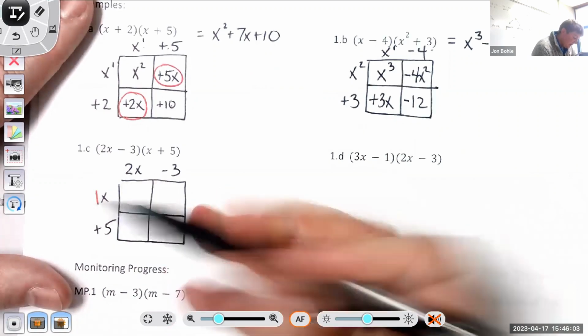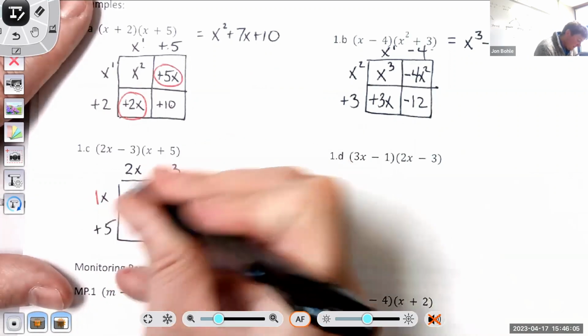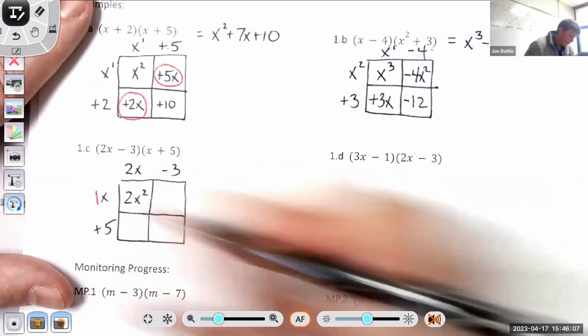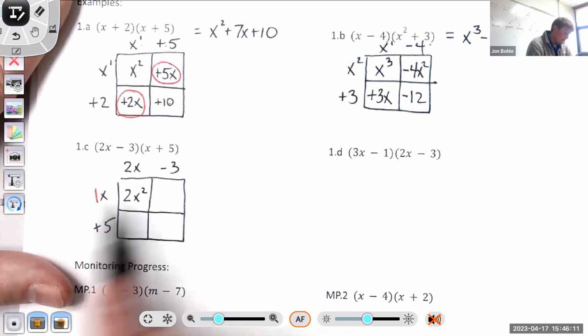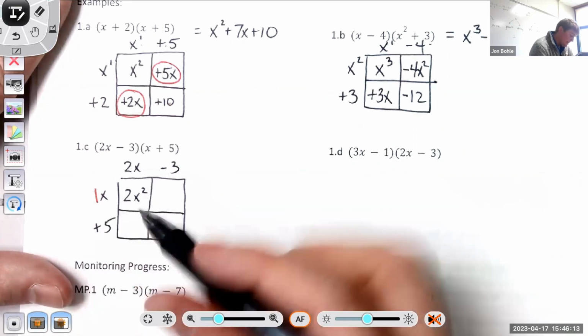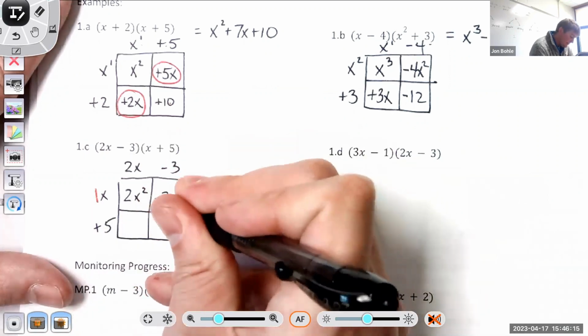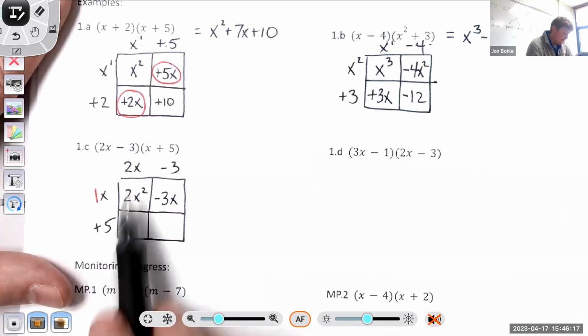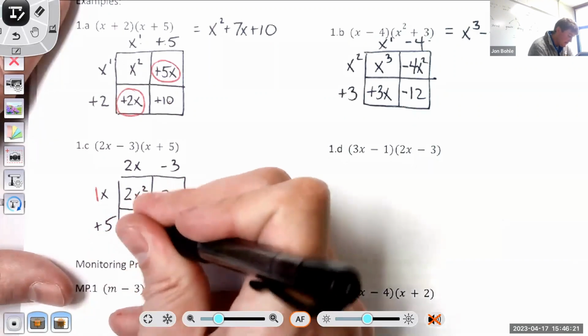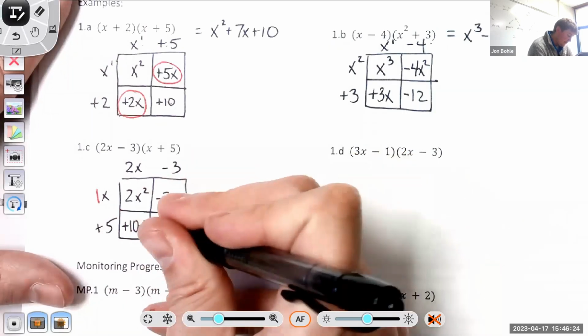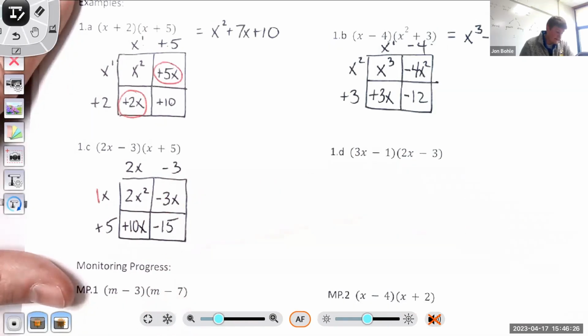So 2 times 1 is 2. X times x is x squared. 1x times negative 3, or negative 3 times x, is negative 3x. 5 times 2x, 5 times 2 is 10, so this is 10x. 5 times negative 3 is negative 15.